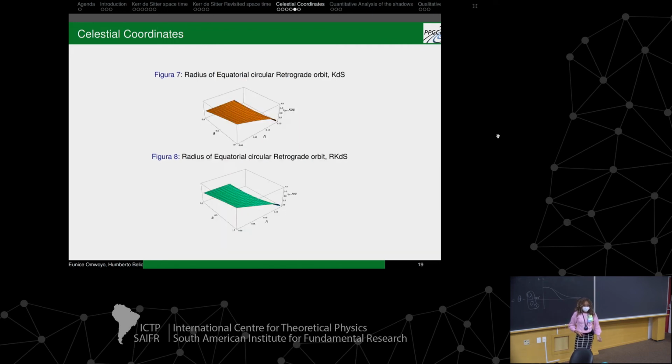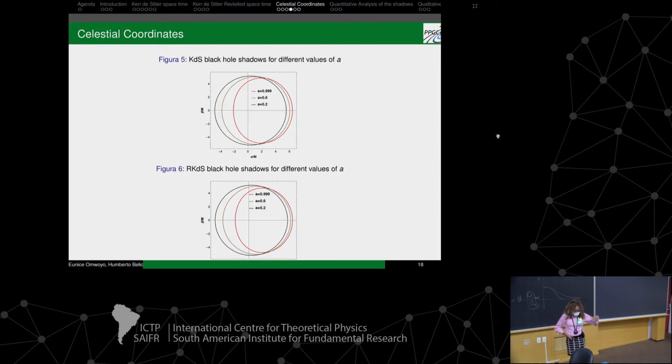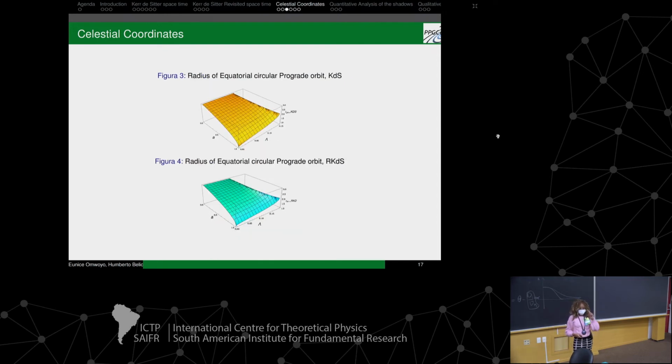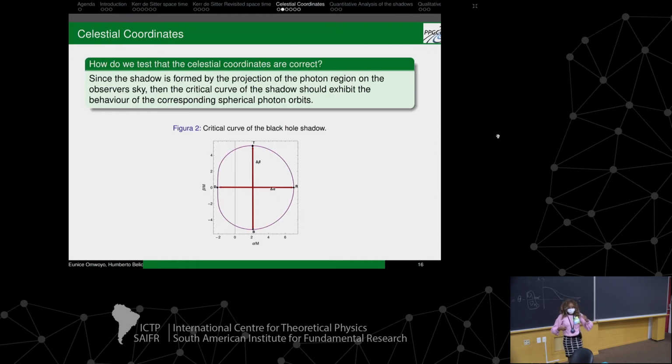And then for changing lambda, we see that this lower bound, as we increase lambda, this radius seems to be increasing. So we expect that at point D, as we increase lambda, the curve should be moving towards the right.